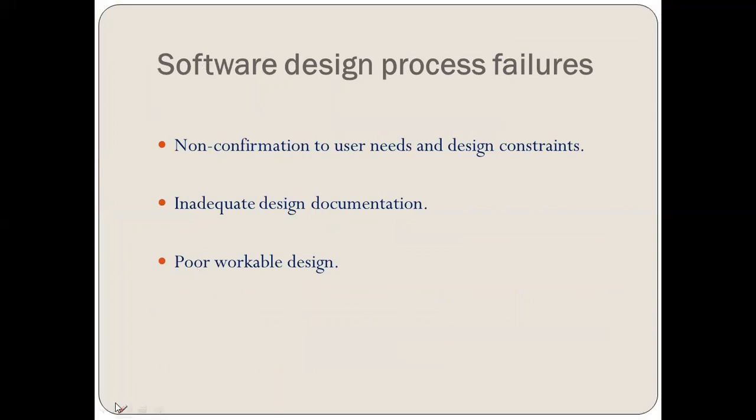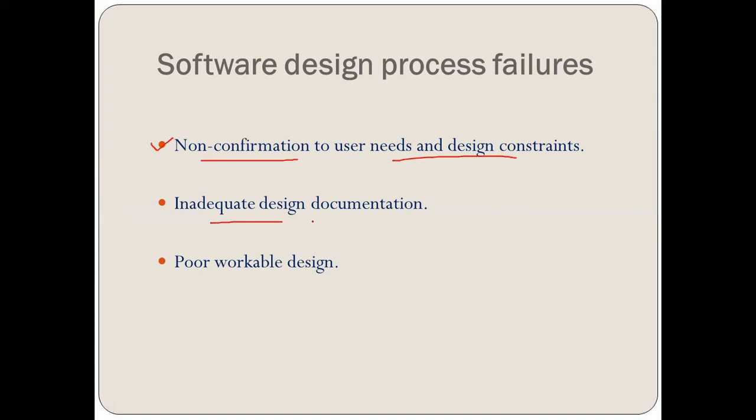Now, what are the software design failures, process failures? There are three main things that lead to design failure. First and foremost is non-conformance to user needs and design constraints. That means if you are not addressing all the needs or requirements of the user or the customer, it will fail for sure.